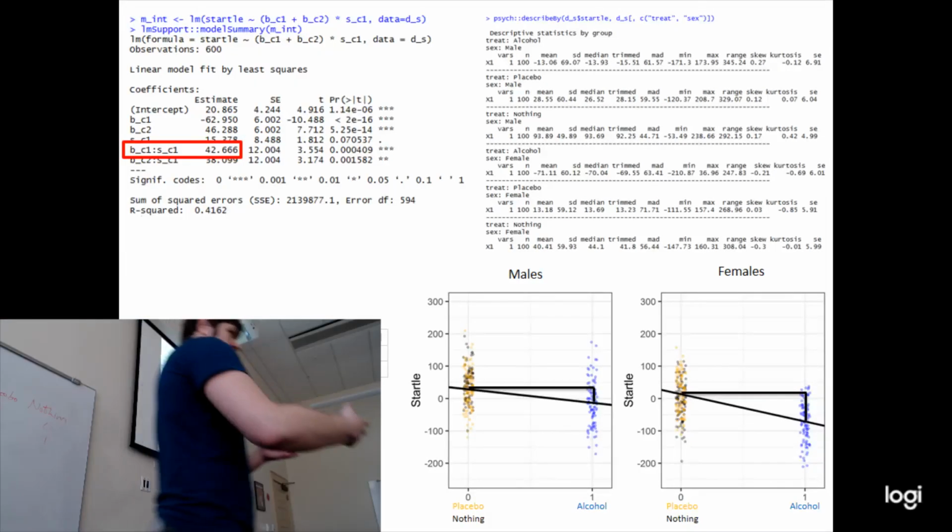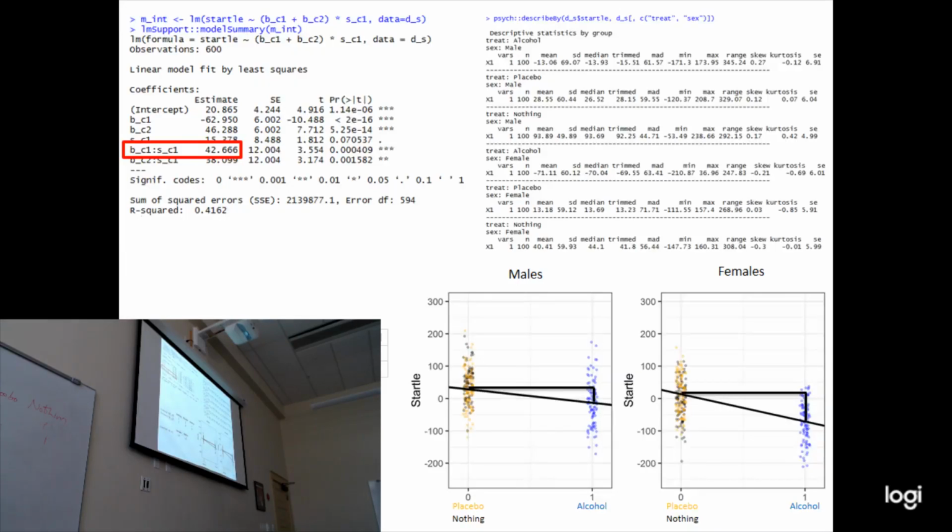So if you had to guess based on that interpretation, it's the difference between alcohol and placebo for males versus females. Remember when we've looked at dichotomous variables, we can think about them in terms of means. So this right here is the mean for each group in my design.